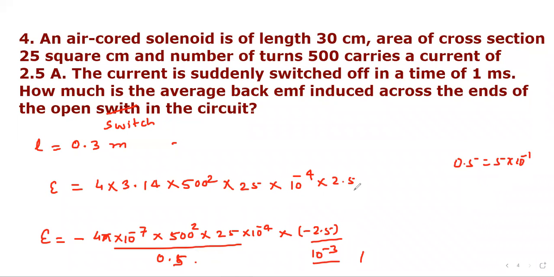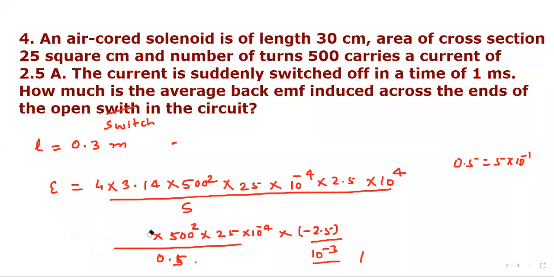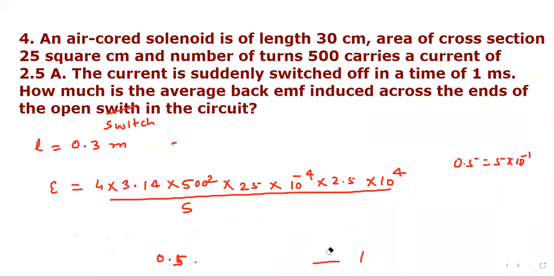So we can write it as 10 power 4 in numerator, and in denominator, only 5 is left. Now, if we further simplify, so 10 power 4, 10 power minus 4 will cancel out.